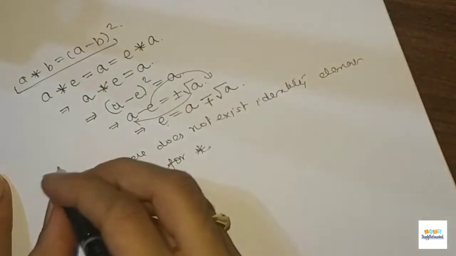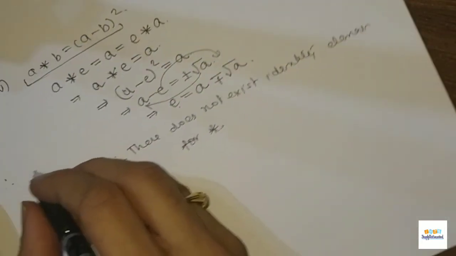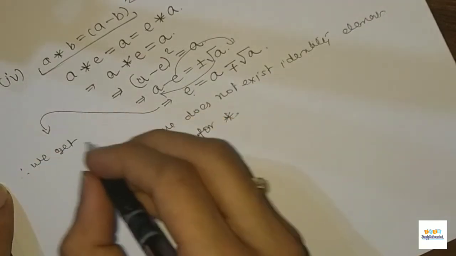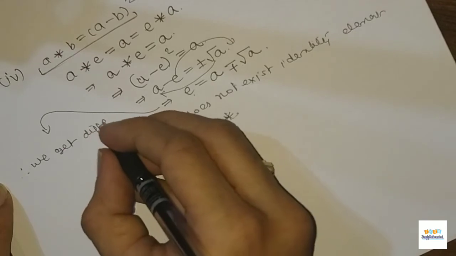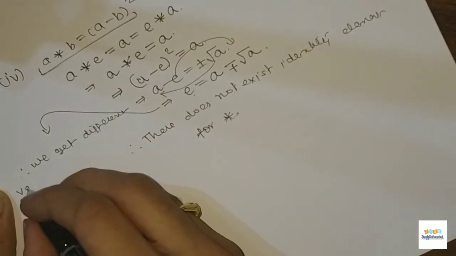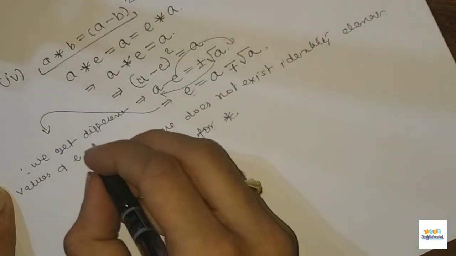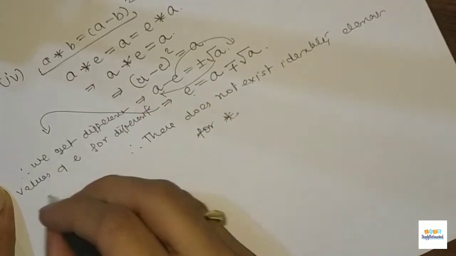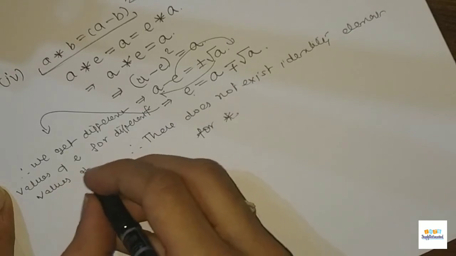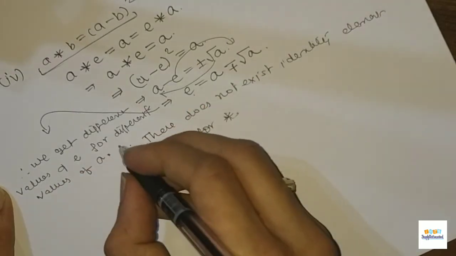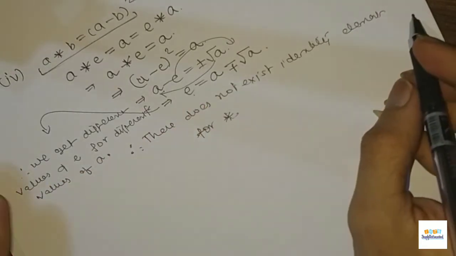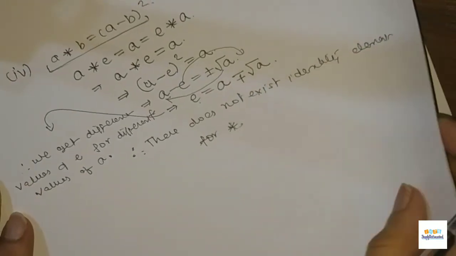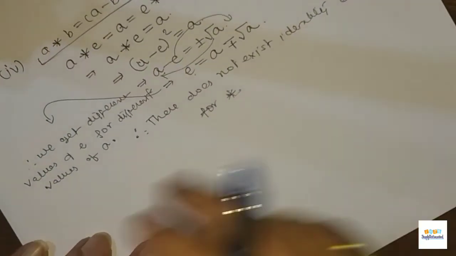Or before that also you can write, therefore, we get from here different values of e for different values of a. So therefore there does not exist identity element for star. Okay, so that was the fourth problem.